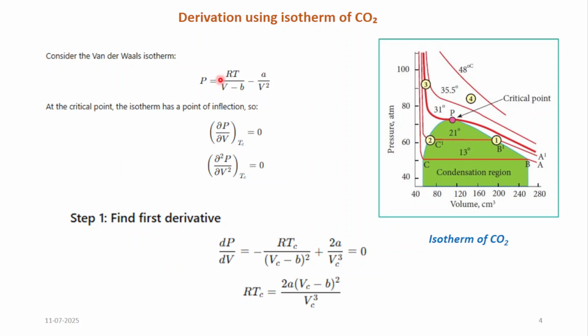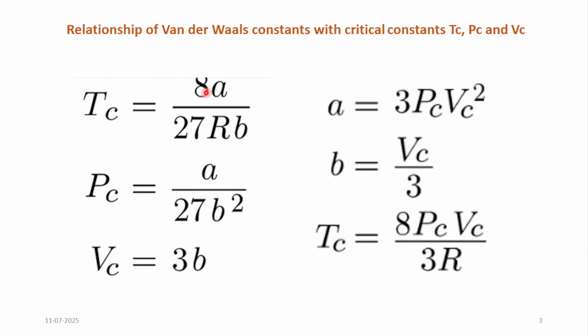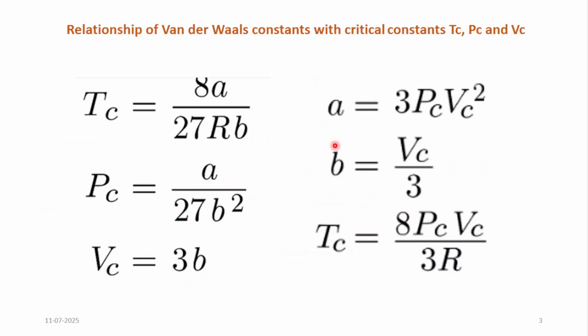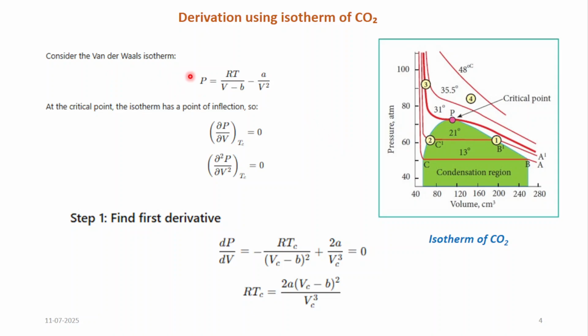Now we have rewritten the van der Waals equation for 1 mole in this form, so as to take the derivative with respect to volume. Now you take the first derivative and second derivative of this equation. What will be the first derivative with respect to volume, keeping the temperature constant? It will take this form.